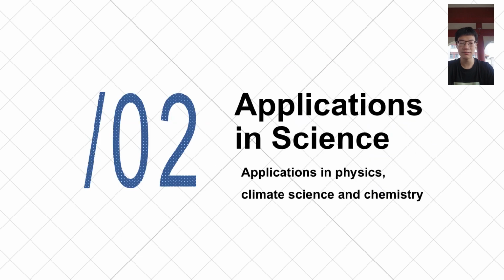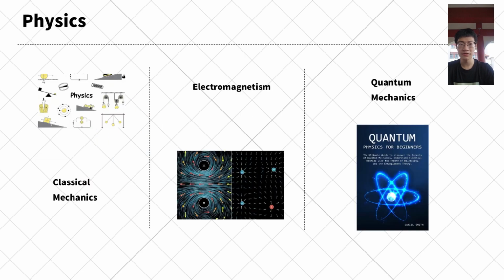Okay, now is the part 2, the applications of the vector space and linear transformation in science. In this part, I will mainly discuss their applications in areas of physics, climate science, and chemistry. Okay, first of all is the applications in physics. First, in classical mechanics, the motion of objects in space is often described using vector space.